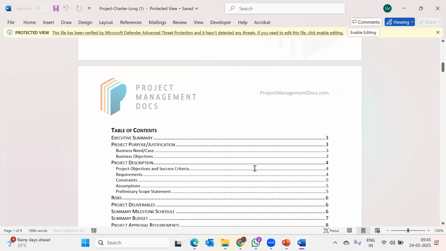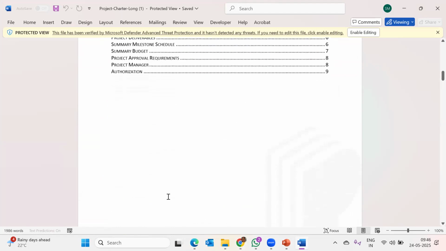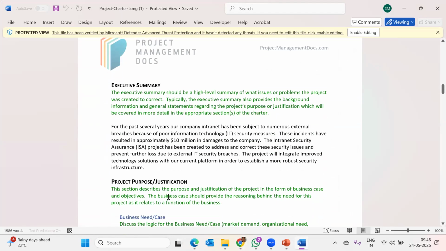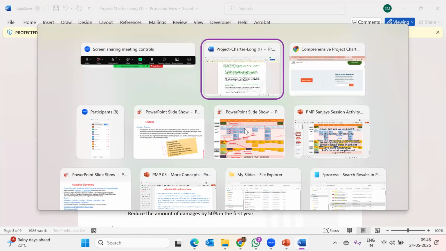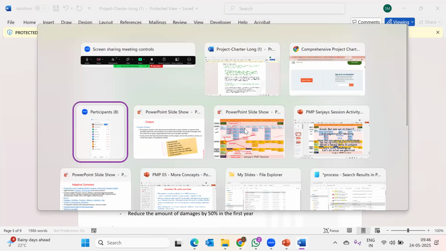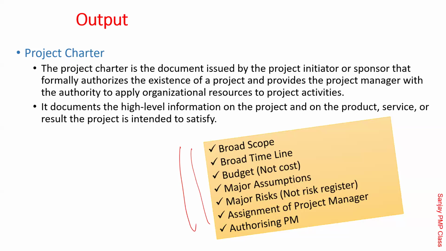Look at it here, what it should have: executive summary, business case, objectives, all that. They have given a detailed template here, and also a description of what should be there. This is the only thing available. PMI on its own doesn't specify any templates. Correct, Vishakha? Got it. But you can always refer to this site. It's a good site.